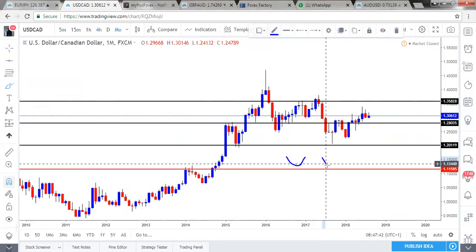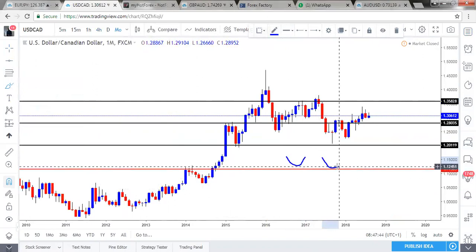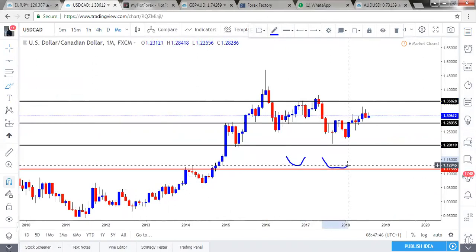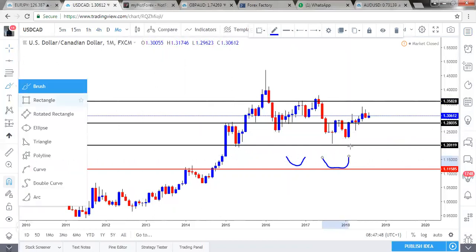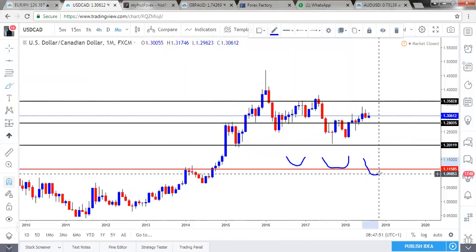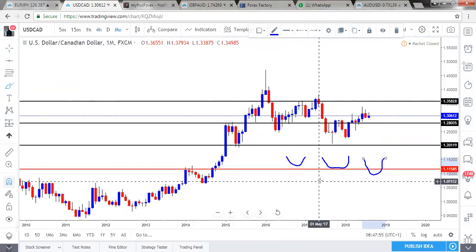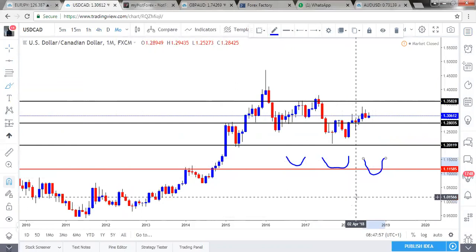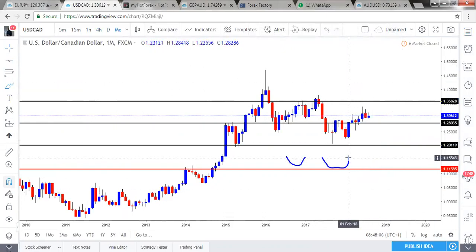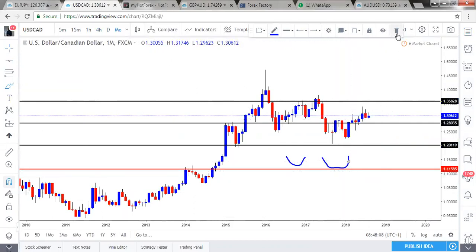You have price come like this, touches it, and then bounces off. Then you have price come like this. Now, all three of these are valid. They are valid support or resistance as the case may be. The reason is that support or resistance is not an exact number, it's a zone. So I wanted to clarify that, because somebody might say, but it's not touching the exact line, why are you still calling that valid? Yes, it's valid. That's how the market works.